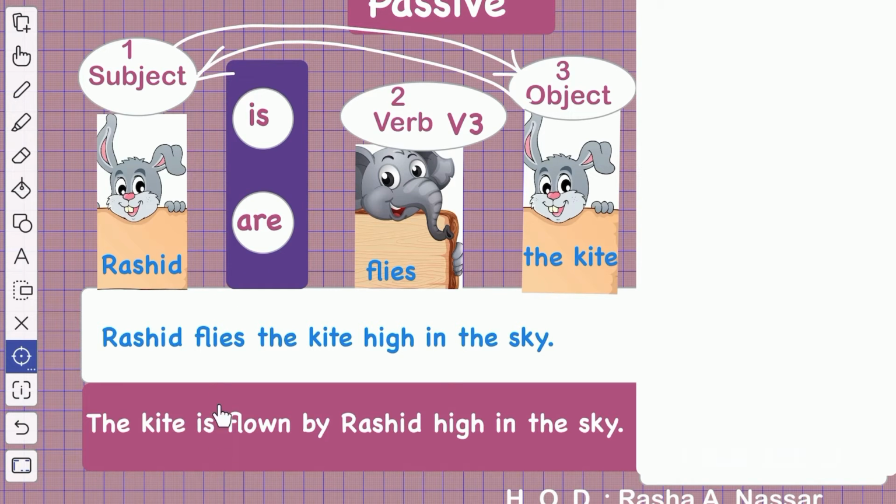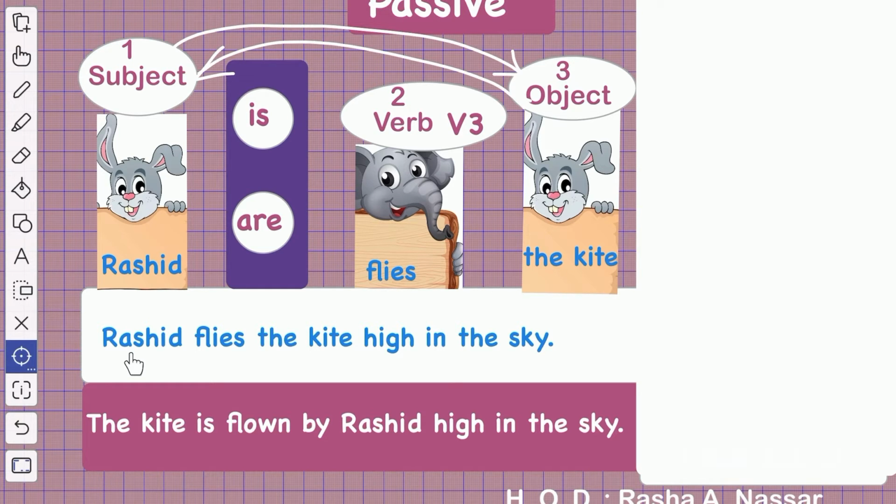And then after writing is or are, we will write V3 of the verb. What is the verb here? Flies. What is V3 of flies, or the past participle of flies? Flown. And then step number 4, we will write the subject.